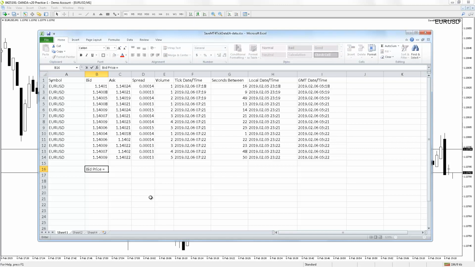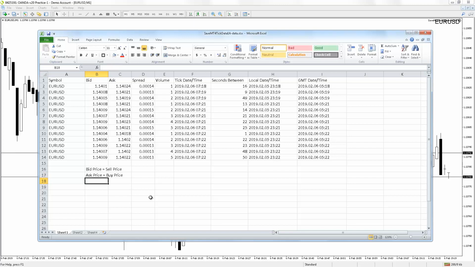the bid price equals the sell price. The ask price equals the buy price. And the difference between the bid and ask price is the spread.